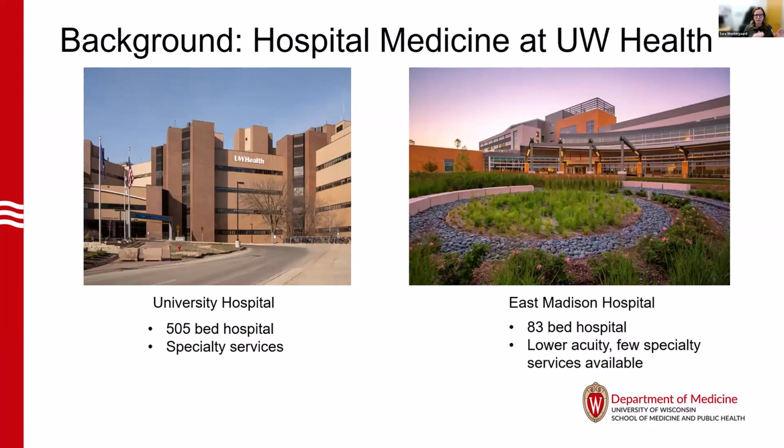For example, our hospital medicine services at University Hospital are numerically labeled: HOS 1, HOS 2, HOS 3, et cetera. East Madison is ABCD. So one week you could be on hospital medicine 2, you're off for a week, you come back, you're over on EMHD. There's not a lot of continuity from week to week.